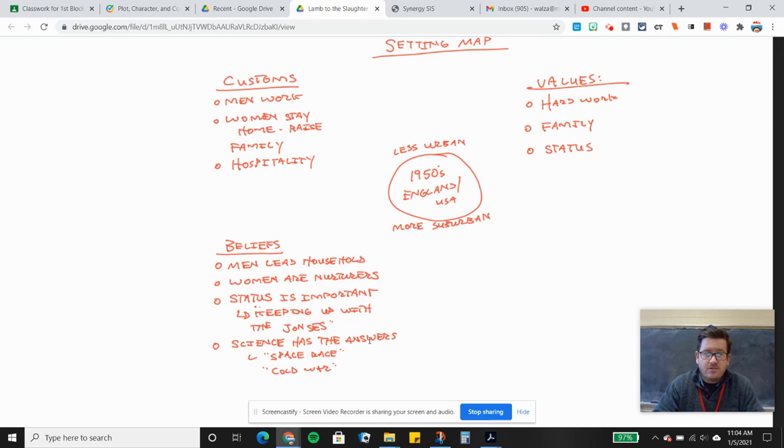We had to get to the moon first. So those are the core beliefs. And the values here, generally speaking, are what was held to be important by the people at the time. Hard work, family, status, all that was very much valued by people in this time period.